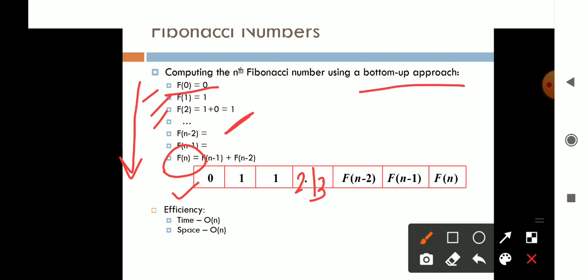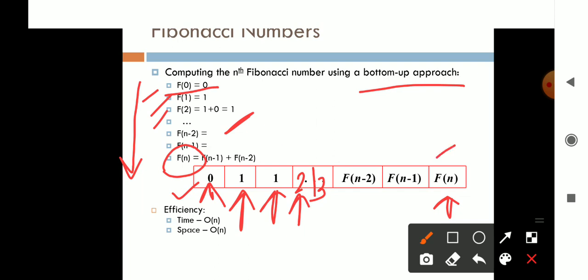We are just using one array here, and in that array the f of 0 is stored at this particular position, f of 1 is stored in this particular position. Then after that we are going to store f of 2, f of 3. So here it is f of 3, that is equal to 2, and here we are going up to f of n here.